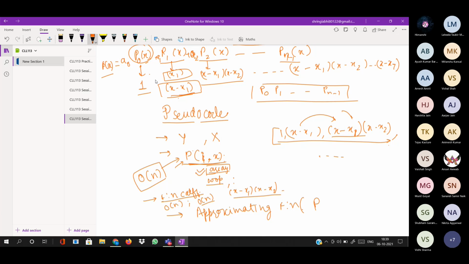So am I clear with that? If anyone doesn't understand how we have to find the coefficient, then please ask. Does everyone understand how we have to find the coefficient?